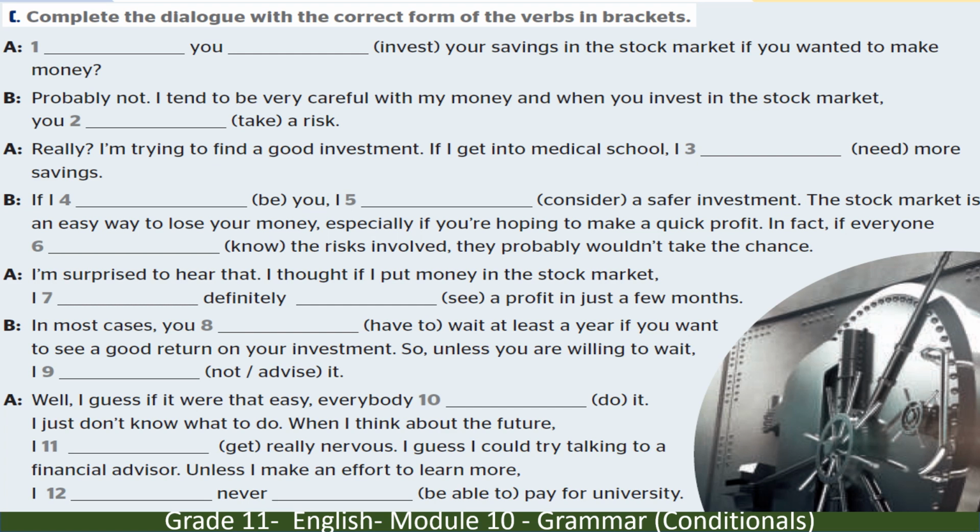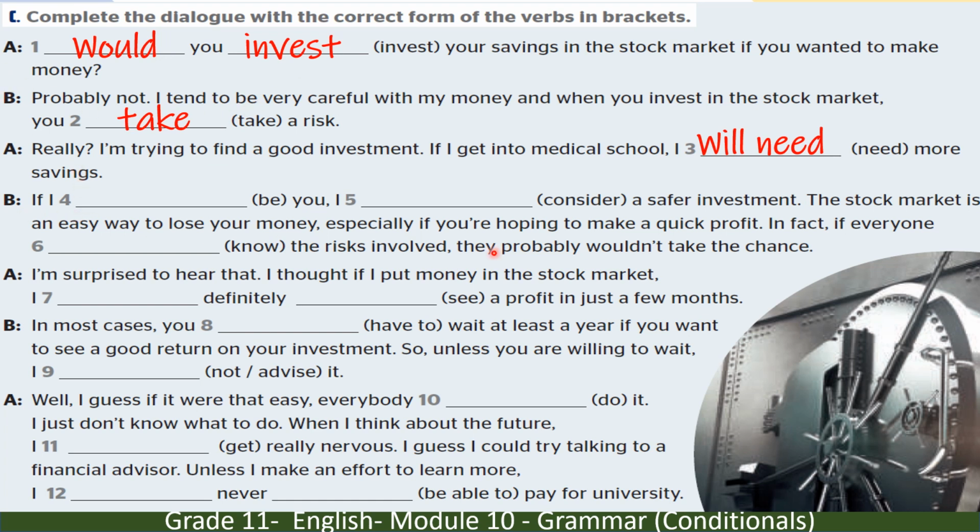So the first sentence, here we have if, and we have the verb in the past, so this is second conditionals. Would invest. B, here we have when, so it's zero conditional, so the verb here will be in the present simple form. Number 3, if, and we have the verb in the present, so the answer is will need.